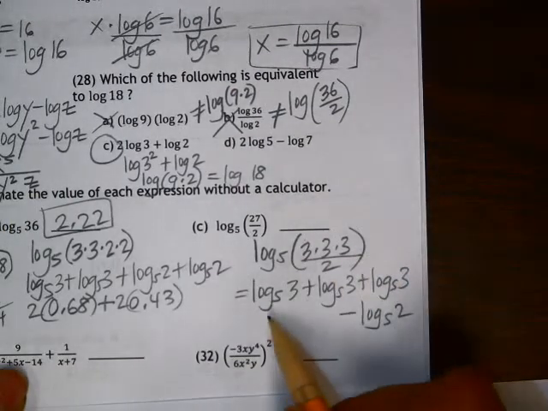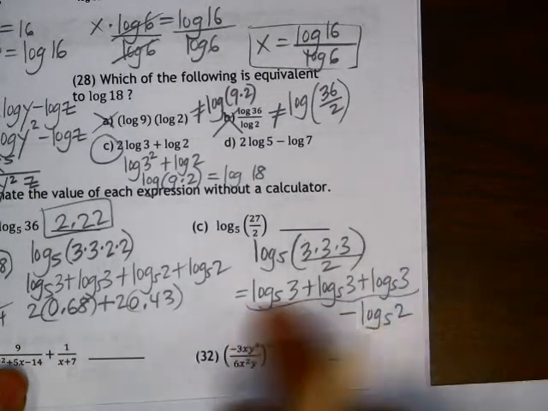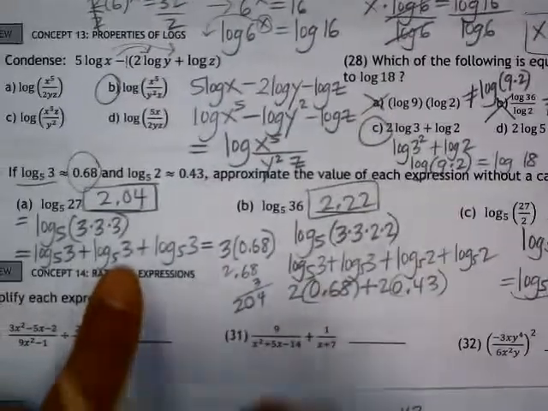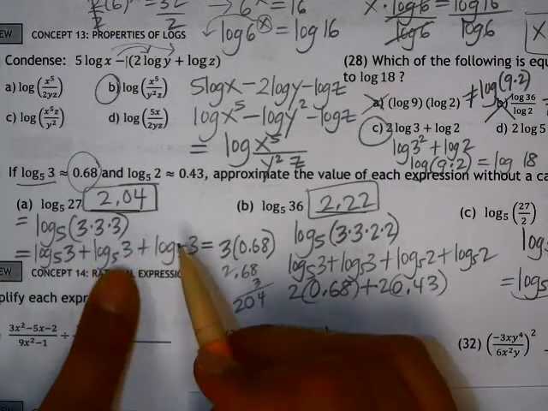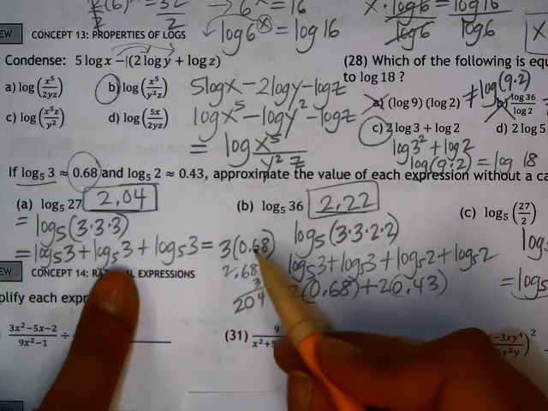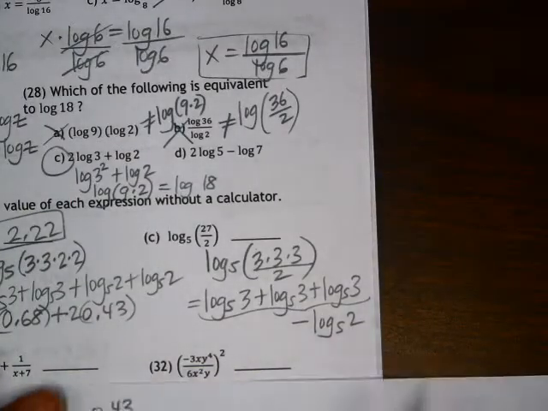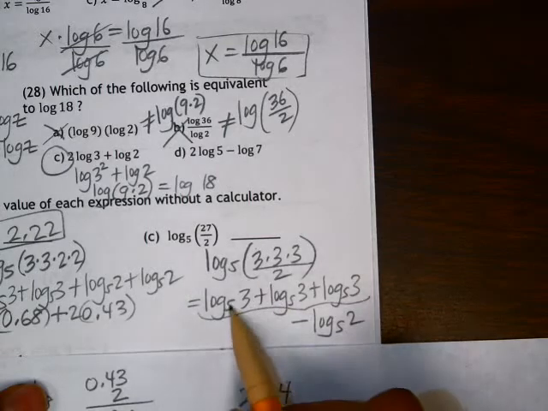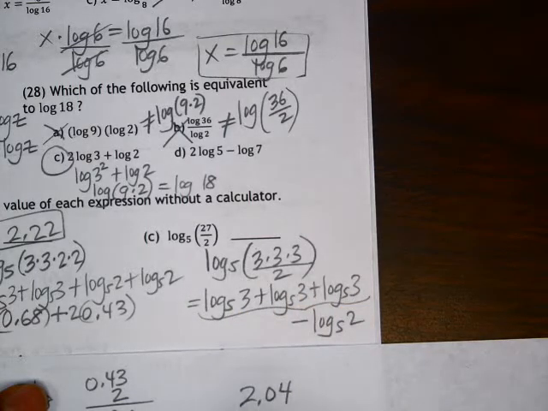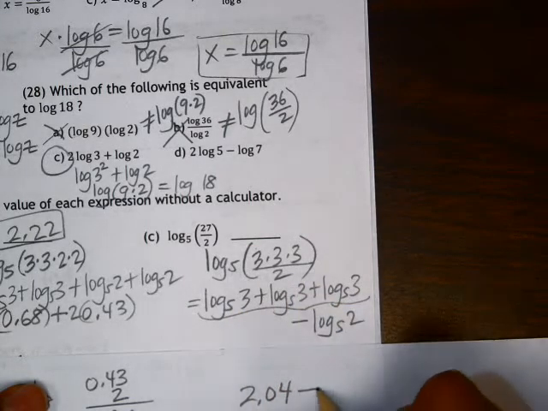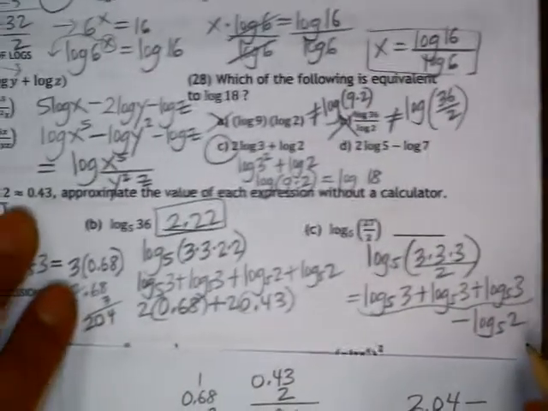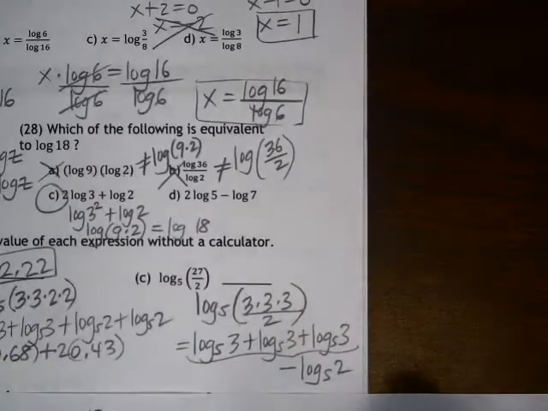Now let's look back rather than recalculating this. We already calculated that on part A. So 3 times log of 3 was 2.04. So we have 2.04 for these 3 terms, minus log base 5 of 2, which is equal to 0.43.